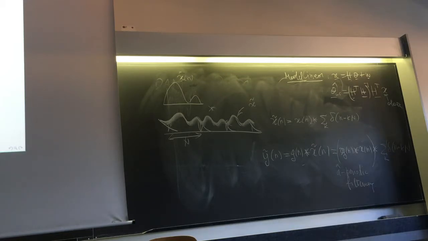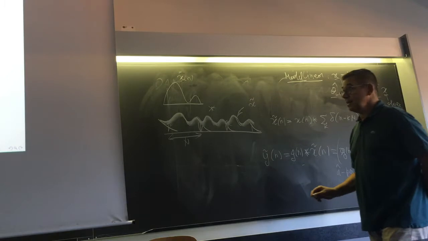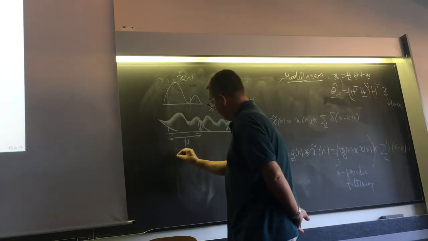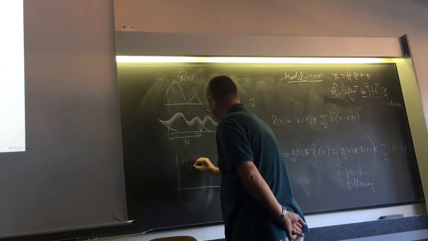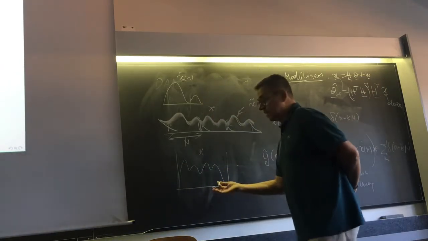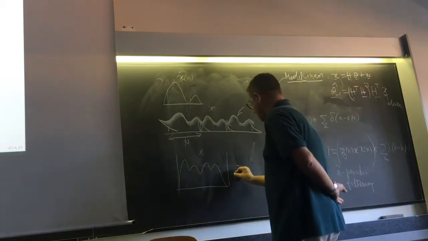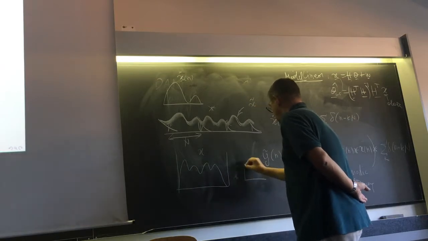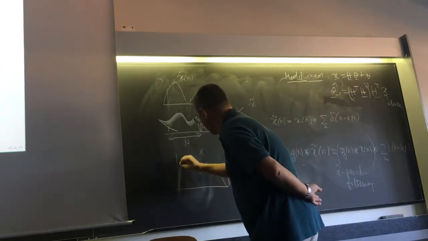It is very convenient to look at this aperiodic filtering as follows: suppose that this is my x. If I filter by G, so when I convolve with a certain G, the output will be this way.